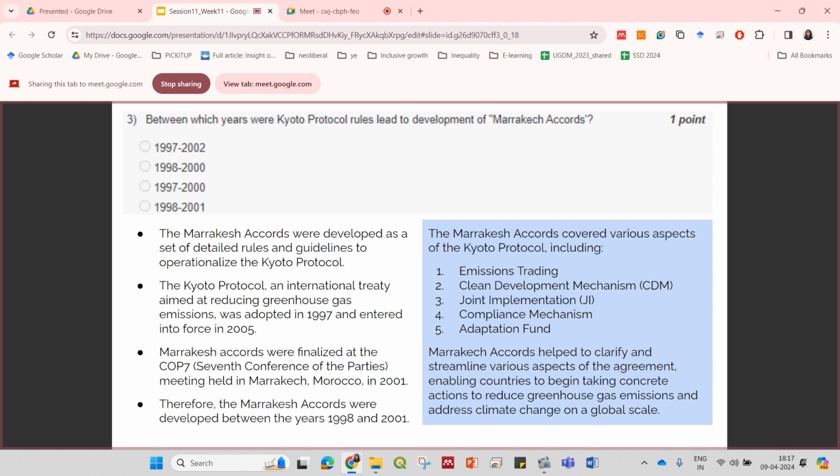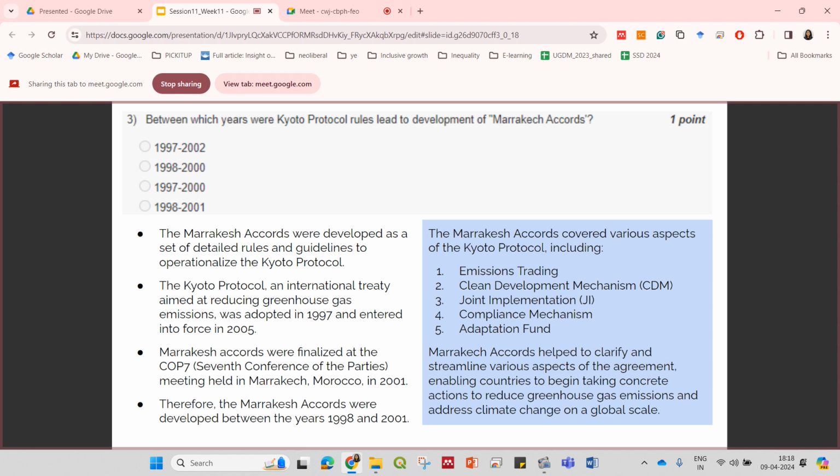So implementation of climate adaptation and mitigation projects with both developed and developing countries, or bigger regions trying to implement aspects of adaptation or mitigation together. Next is the compliance mechanism.